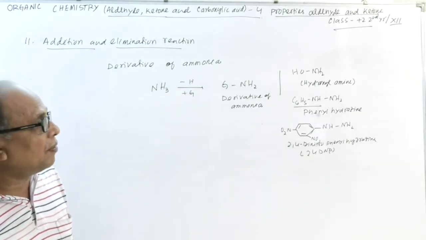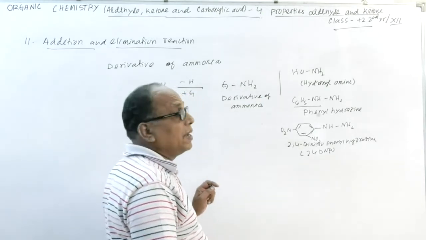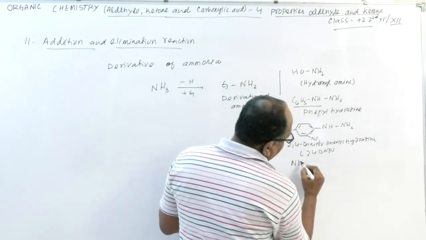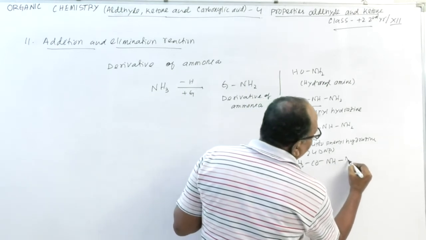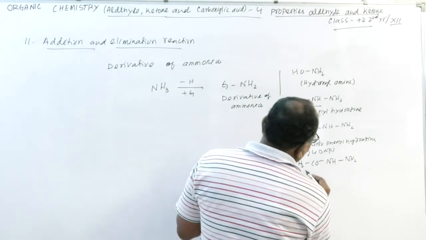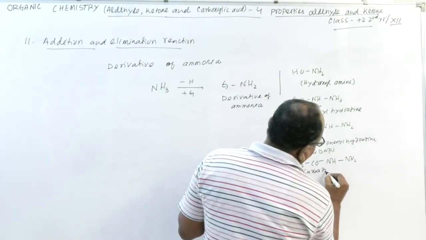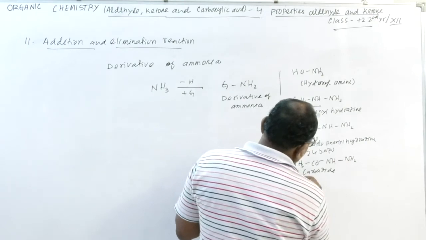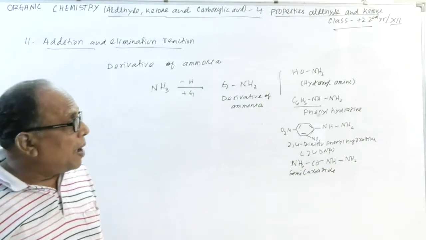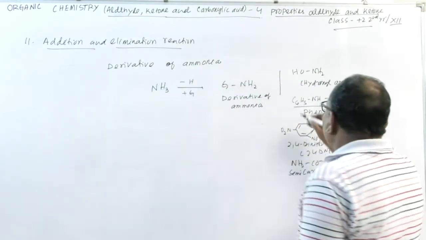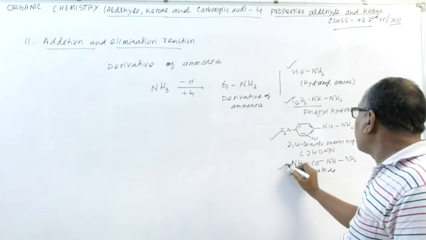These are other derivatives of ammonia. Another derivative is the derivative of urea. Urea is NH2CONH2, and when H is replaced by the NH2 group, this is called semicarbazide. Mark these derivatives: hydroxylamine, phenylhydrazine, 2,4-DNP, semicarbazide.